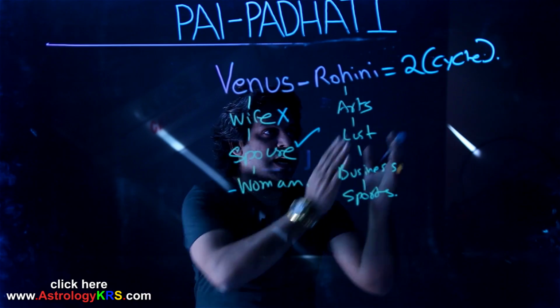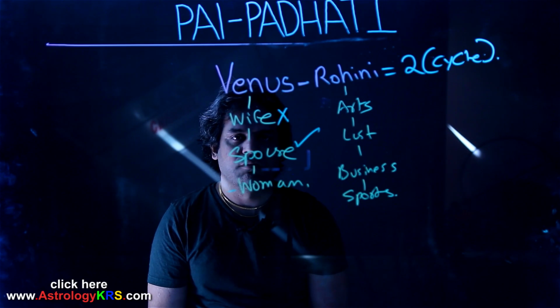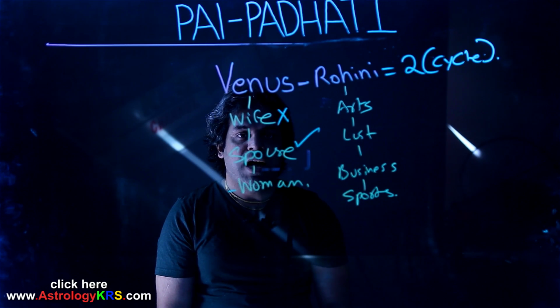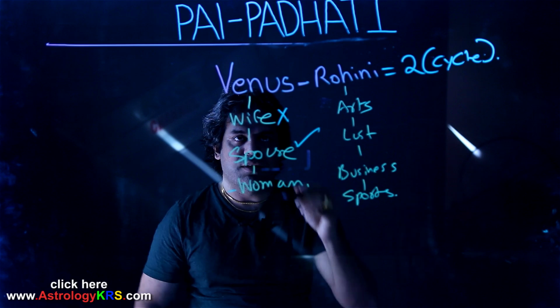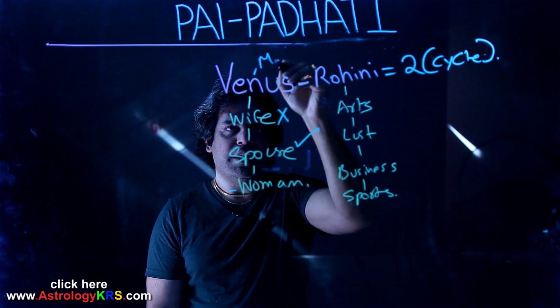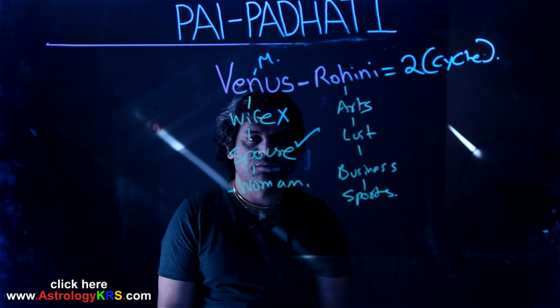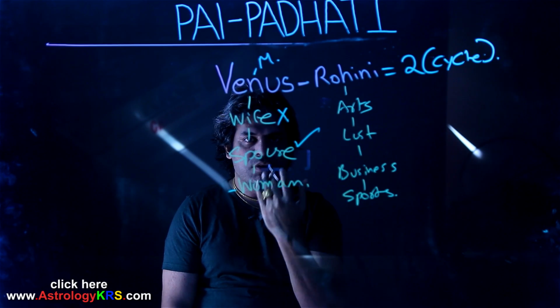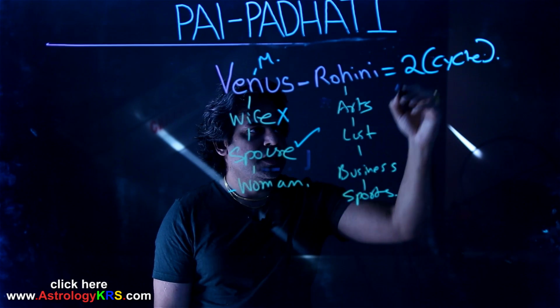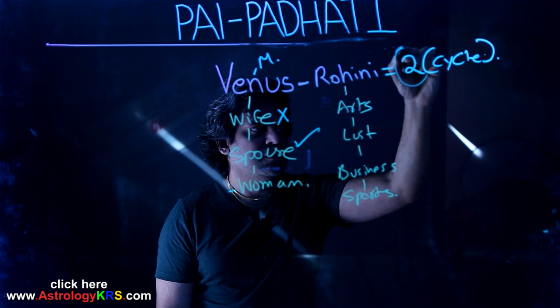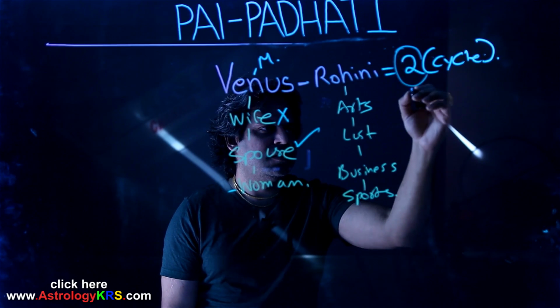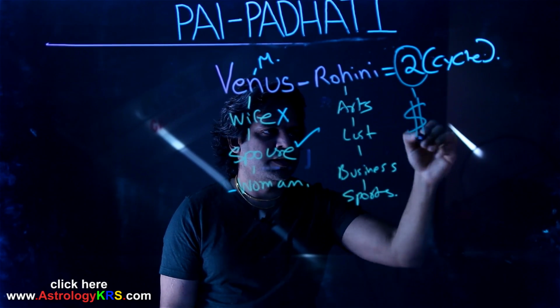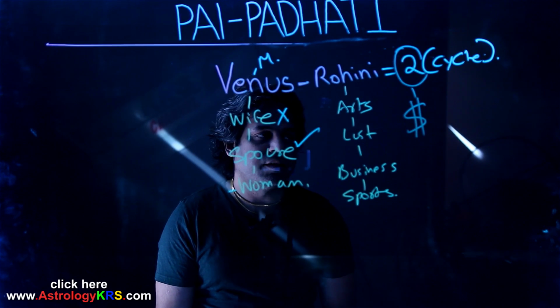This is what Rohini is. I see the second cycle. So what do I see here? I see that when this person gets married and this woman or spouse comes into their life, their second house will get activated. Meaning, they will start getting money in their life.